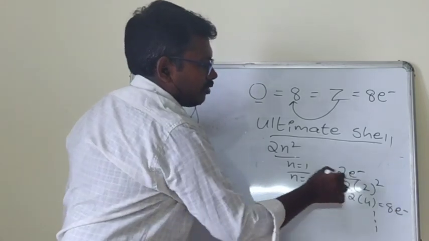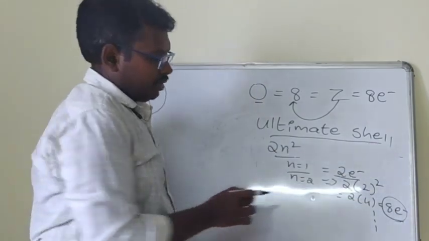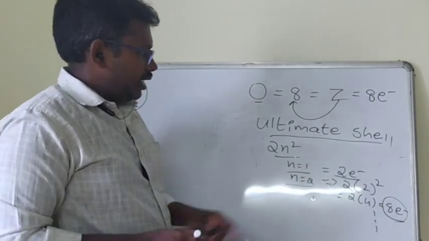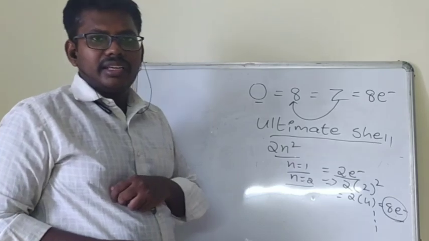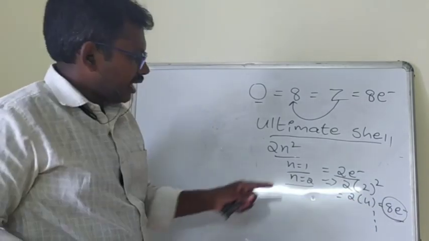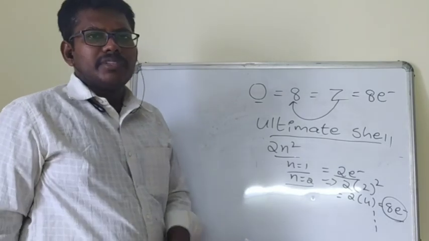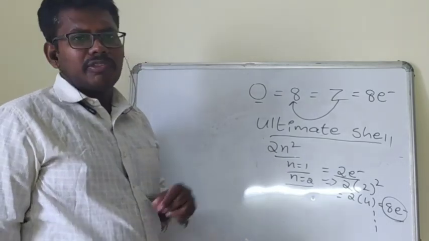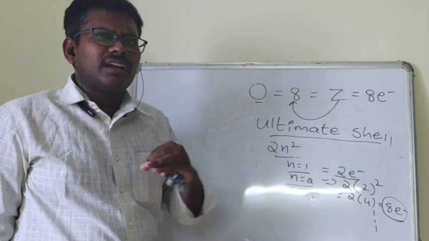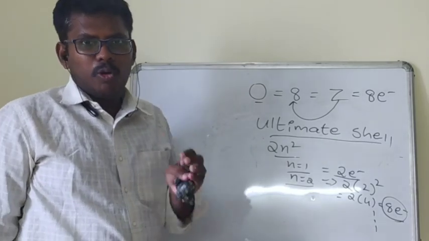So in the first orbit 2 electrons are there, in the second orbit 8 electrons are there. N is the symbol of the orbit. So what I am saying is, he gave one particular formula, by using that formula, how many electrons can be accommodated in each orbit as set by Bohr-Bury.